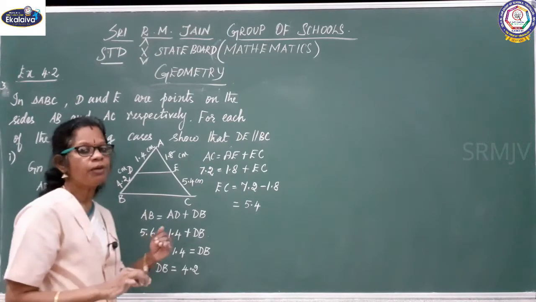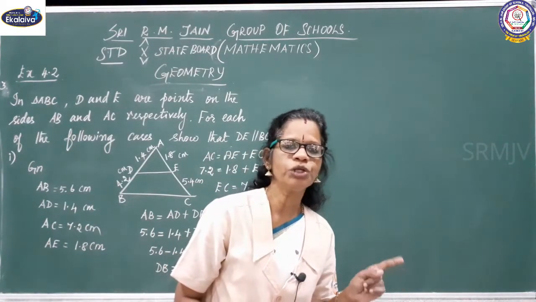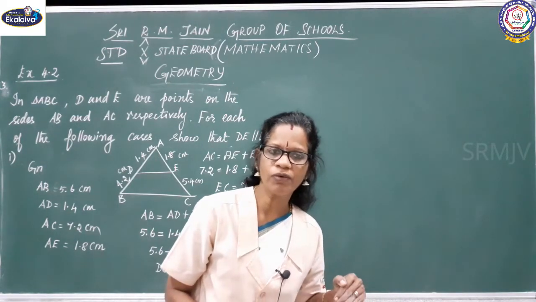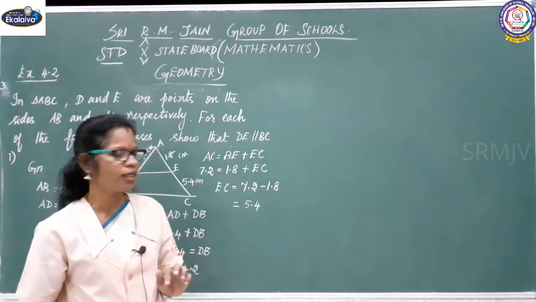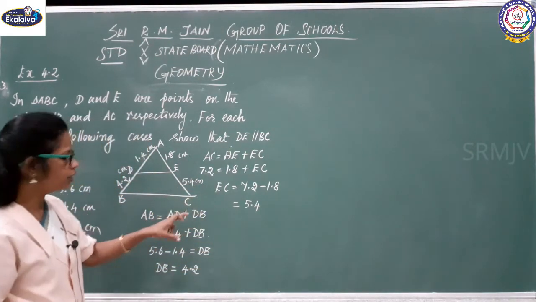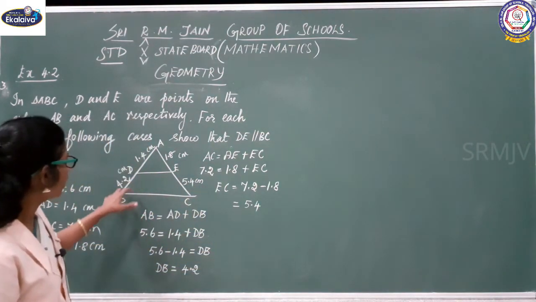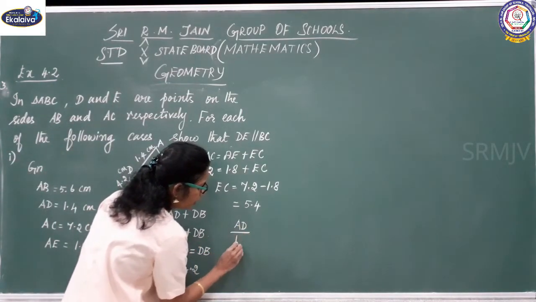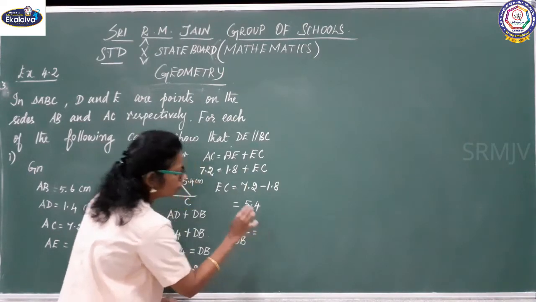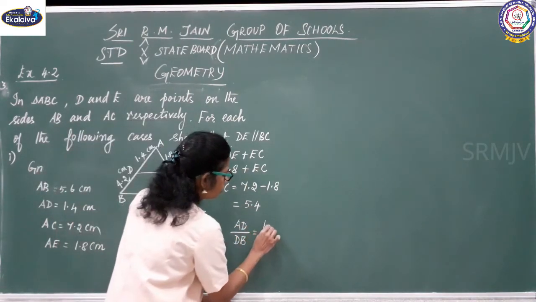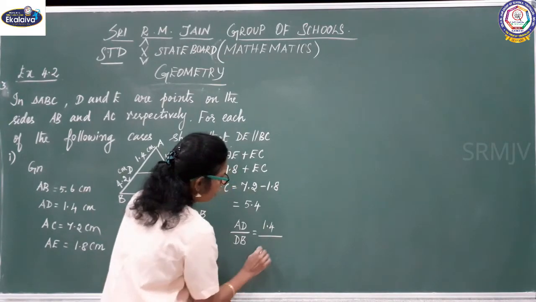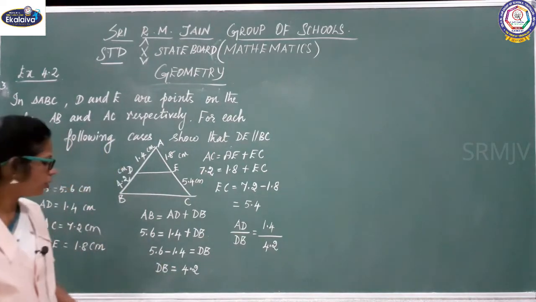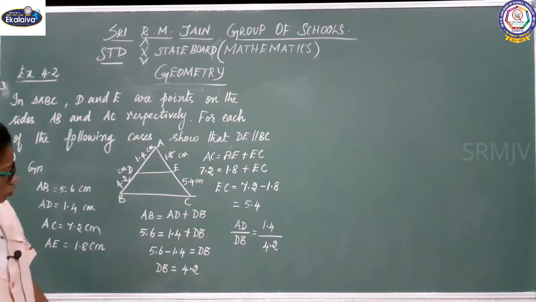BPT means AD by AB equal to AE by AC, or AD by DB equal to AE by EC, right? First you should find out what is AD by DB. AD by DB equal to 1.4 divided by 4.2.